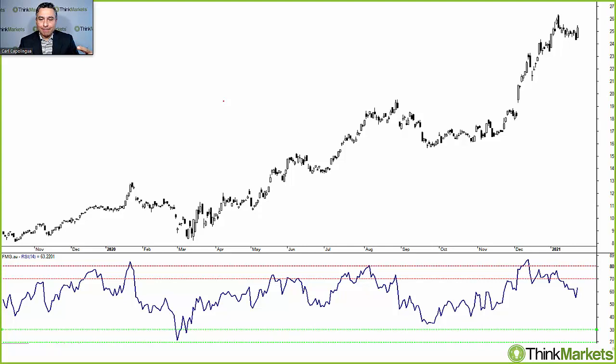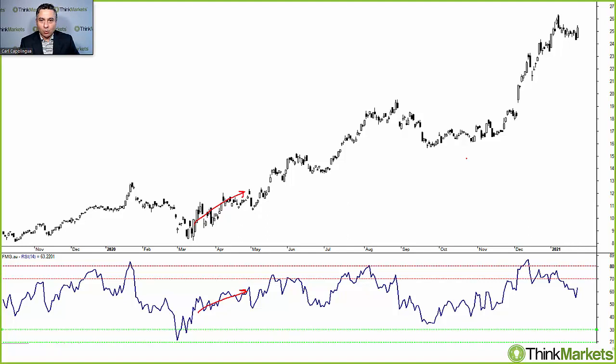Well, it compares your up moves to your down moves over a period of time, and then sort of says, well, you're having more up moves, you're having more down moves on average. Okay, and for the most part, it tends to track what the underlying price is doing. So most of the time when the price is going up, on average the RSI will be going up.